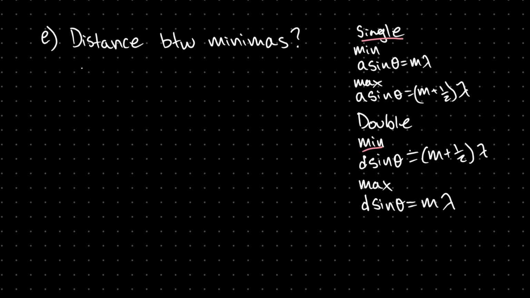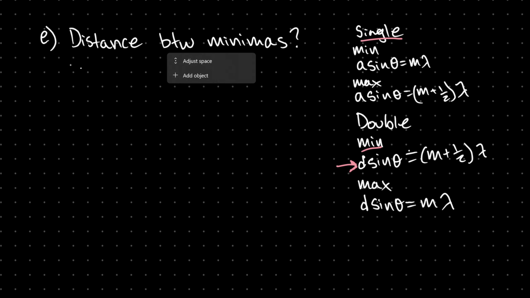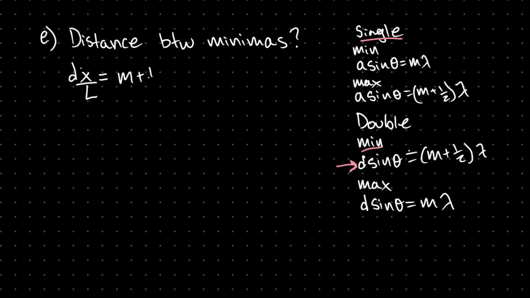So if we're looking at the distance between minimas, well, we can use that same small angle approximation that we did before using this minima formula, right? Where sine theta is actually approximately equal to tan theta, which is equal to x over L. So what we can say is d x over L is equal to m plus 1 half lambda, right? So we can rewrite for x as this. Here we go.